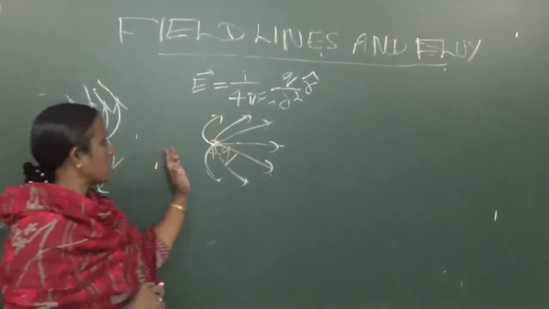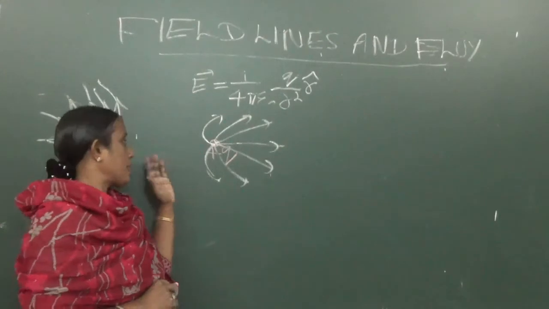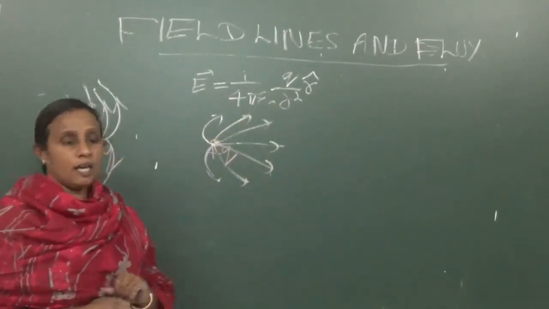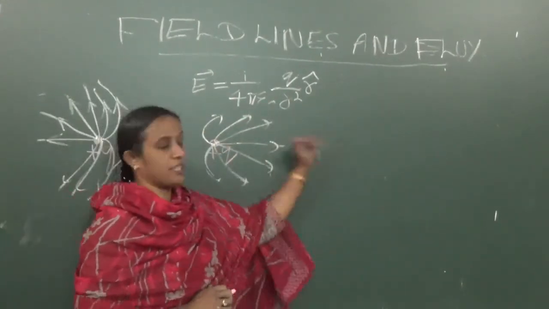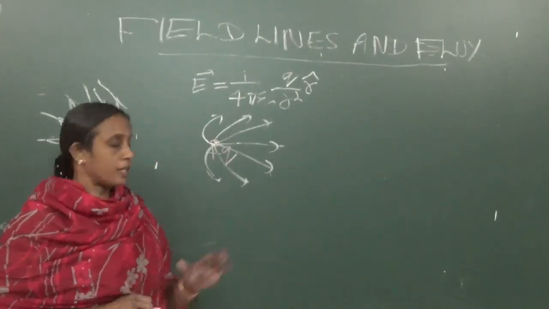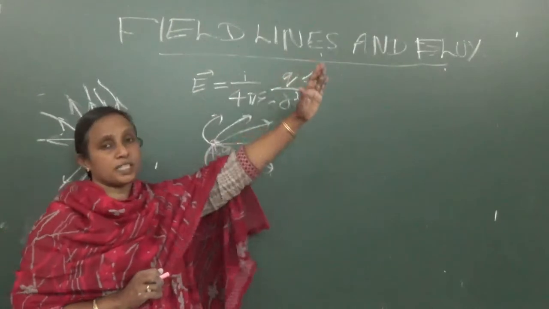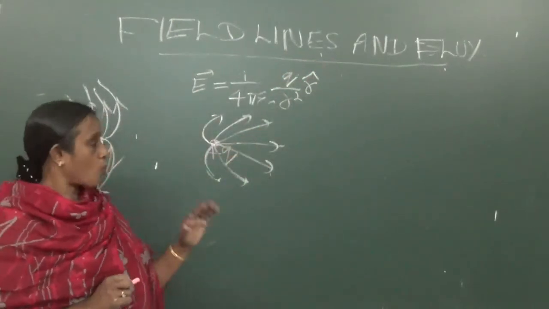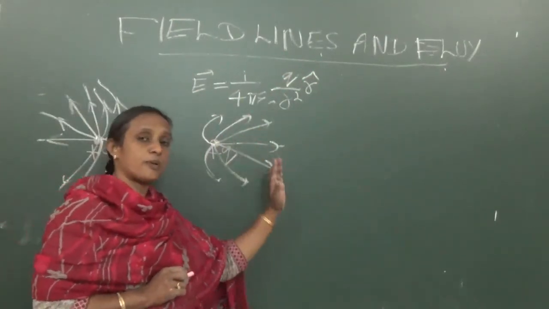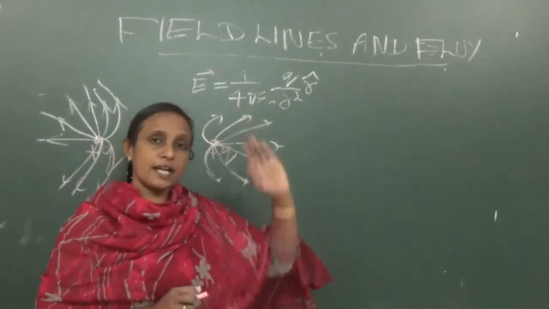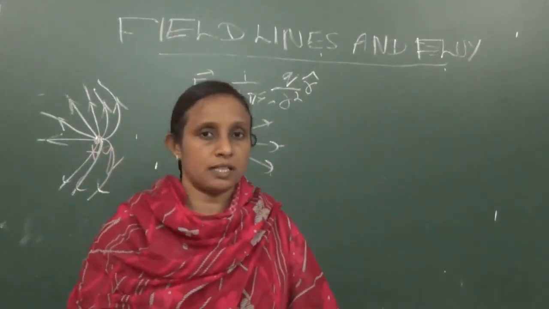Okay. And so these field lines actually extend up to infinity. They can never terminate in between. It cannot terminate in mid-air, but it can start from a positive charge and extend to infinity. Or these field lines can start from a positive charge and end on a negative charge.